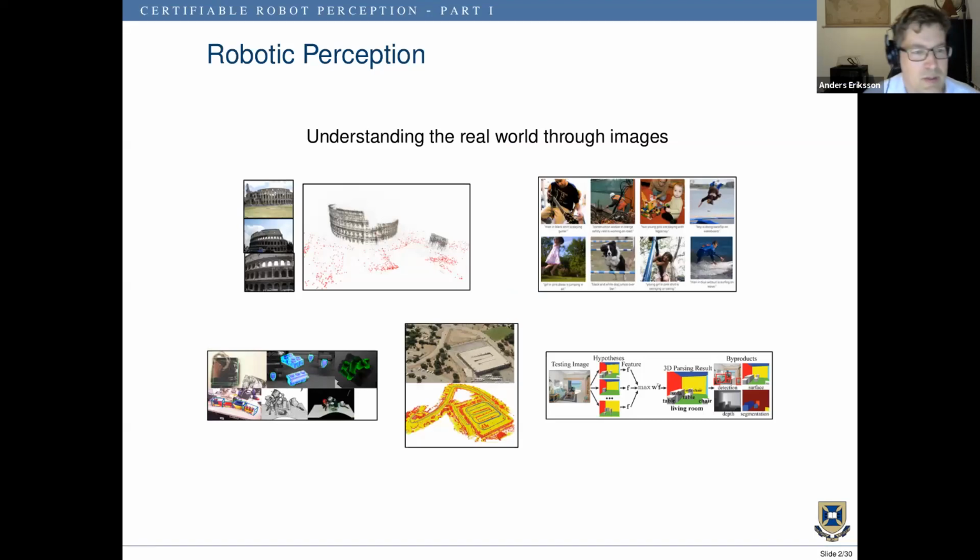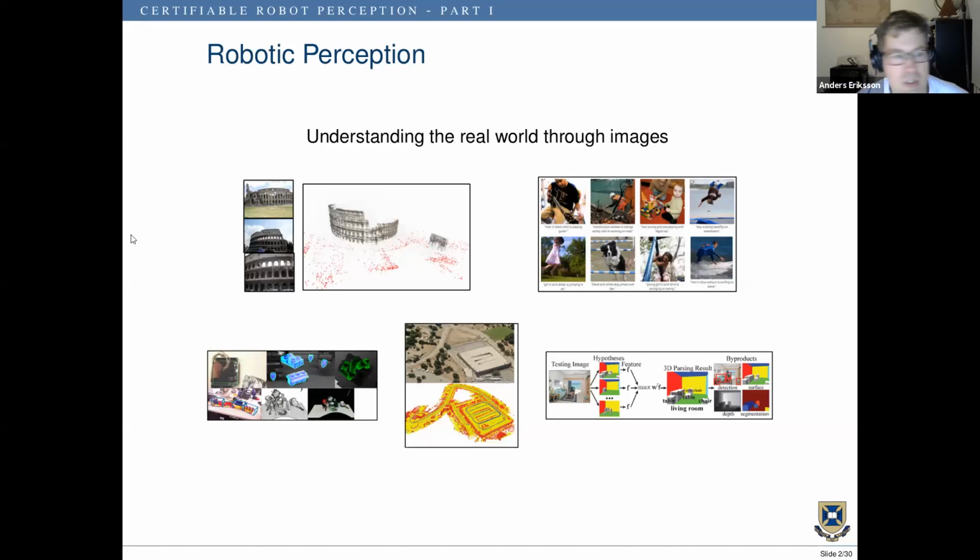So the motivation behind this talk, and I guess this whole entire line of research, relates to the fact that robotic perception, or robotic vision, or computer vision, or whatever you want to call it, is something that concerns itself with understanding the world through images, with a wide range of different applications.